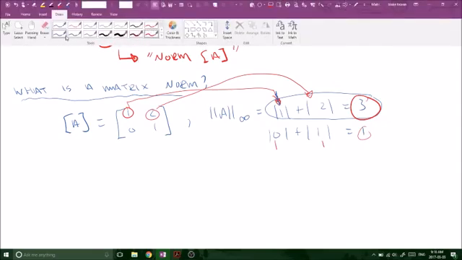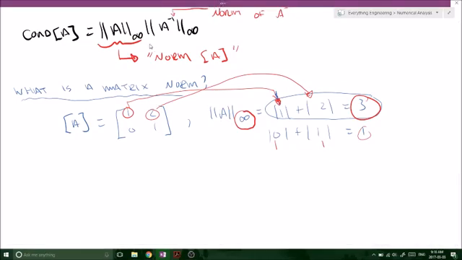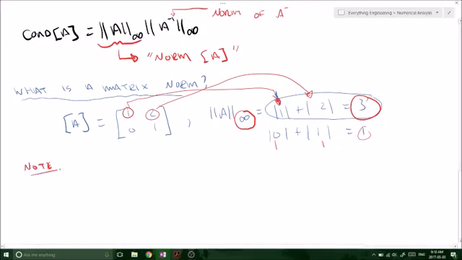The little infinity notation just says basically the row sum of any row, the maximum row. It should be noted that if we wanted the norm of matrix A with a subscript 1, that means we're just looking at row 1, so that would be 3.